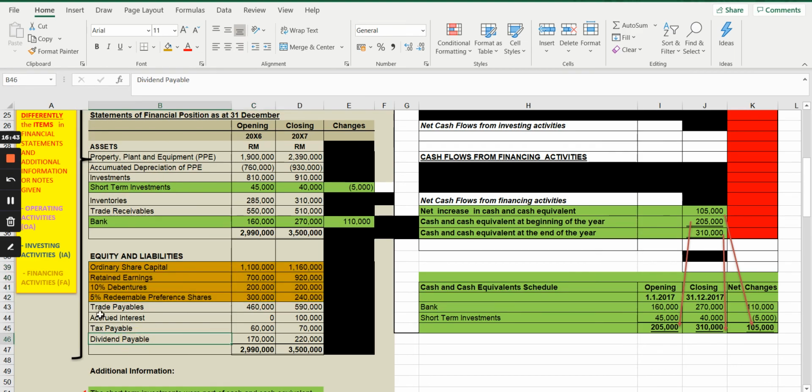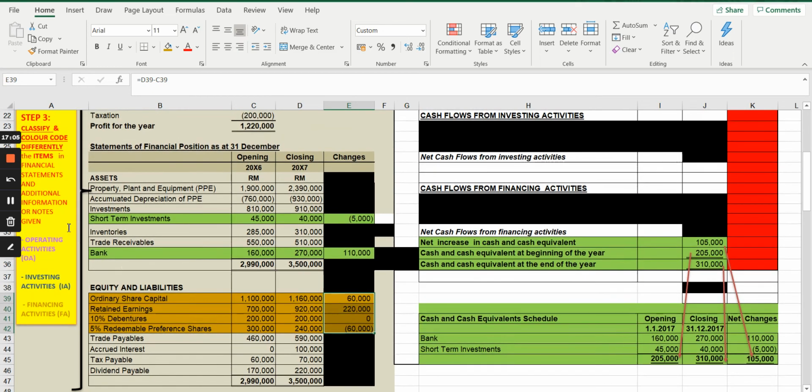And you're going to see if there are any changes here that might give rise to some cash inflow or cash outflow, by comparing the opening with the closing balance. But we're going to do the classification first.